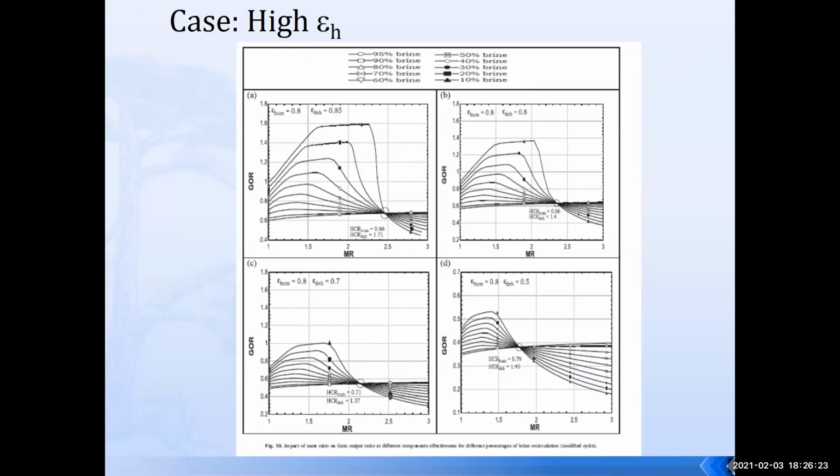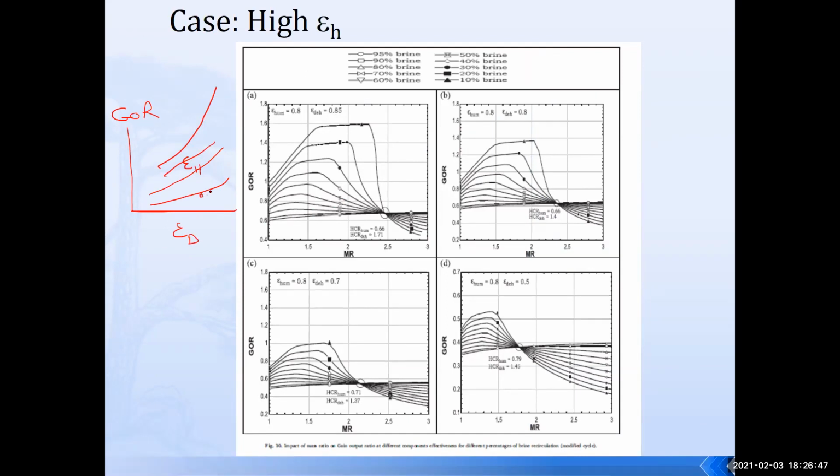Look again at the example that we have given. You'll find the value of the GOR, if you remember, we had the effectiveness of the dehumidifier here, and the values were like this. And this is the effectiveness of the humidifier.